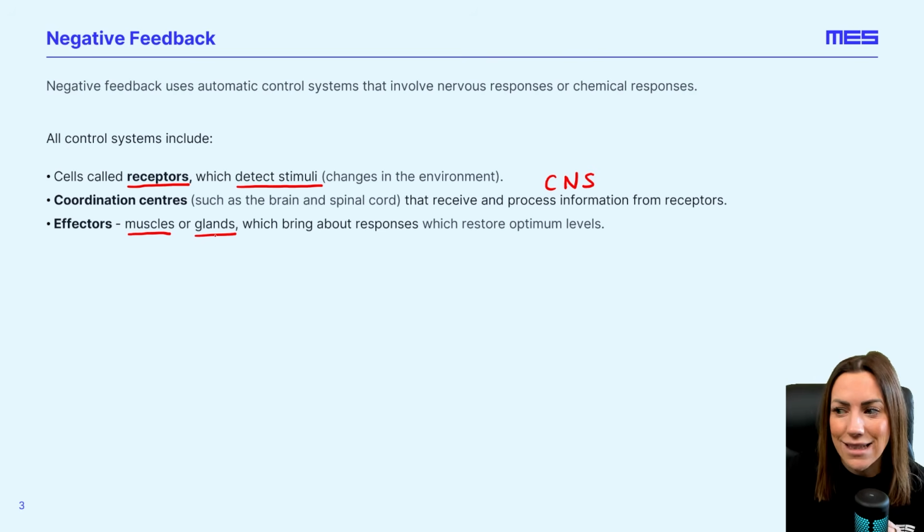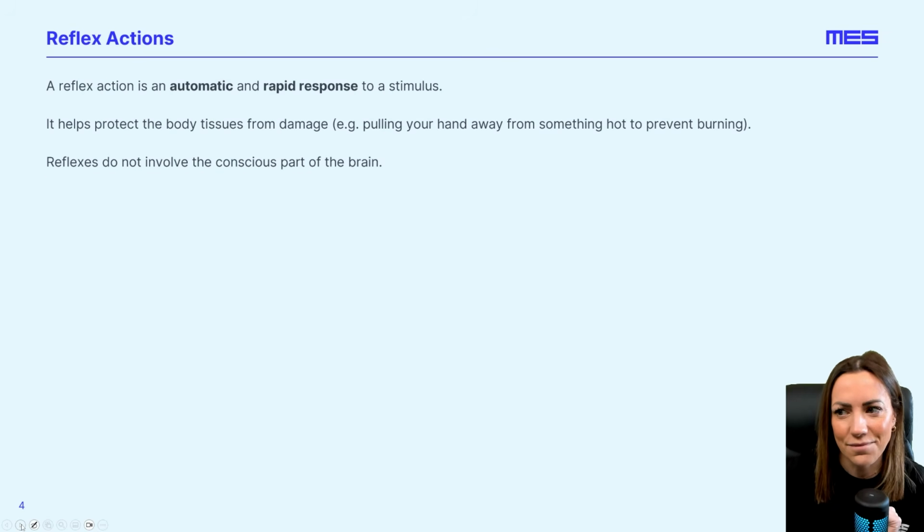Muscles will contract, glands will secrete a chemical substance such as a hormone, but we'll go through all of this in more detail. Remember, examples, because I haven't got it on the slides, but examples you will look at will be blood glucose regulation. If you're triple science, you'll also do temperature regulation, and you'll also do regulation of water content in your blood or osmoregulation.